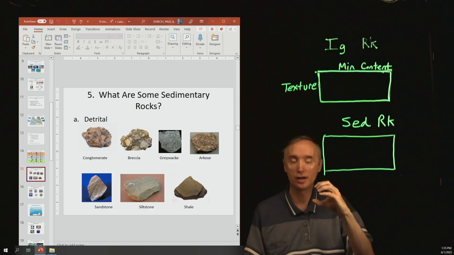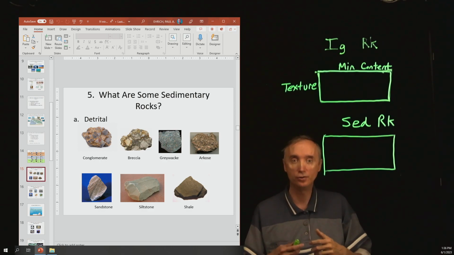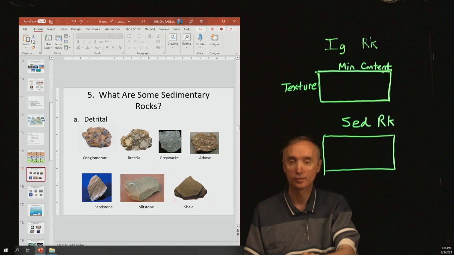So that gives you an idea from where they came from. A conglomerate came from a river where the pebbles were rolling on the bottom of the river channel, and that's what made them round. So that gives you a clue as to the origin of them.